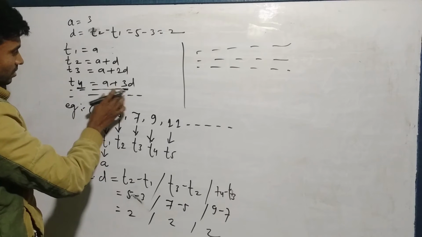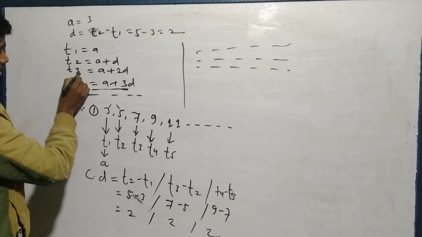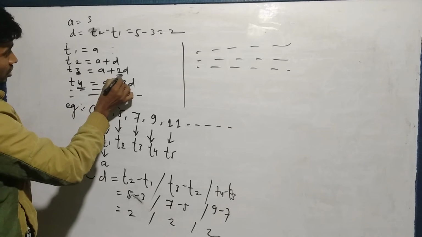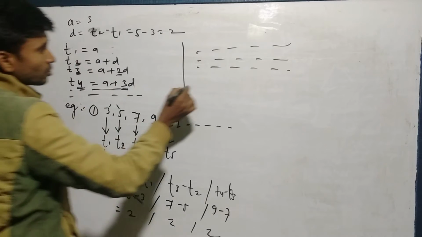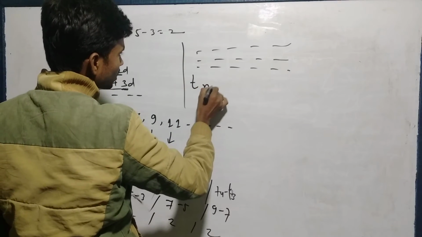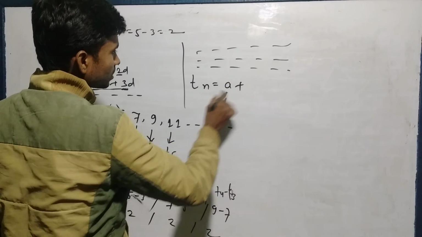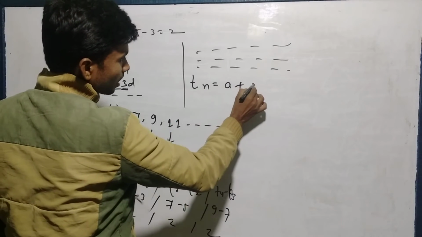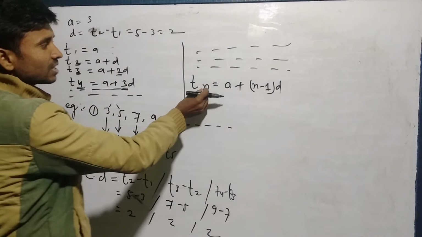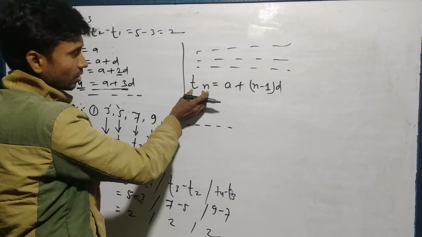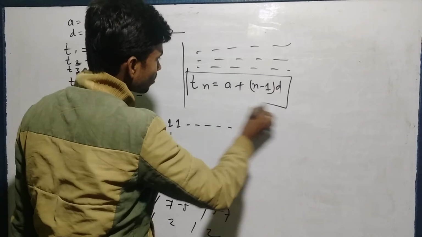One less, because here is T3, here is T2, so it is 1 less. So similarly, what is the general term? The nth term Tn is A plus (N minus 1) into D. It means 1 less than N. Okay. So it is one of the formulas for the general term.